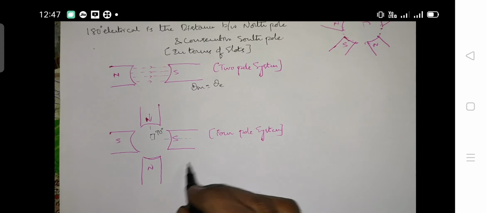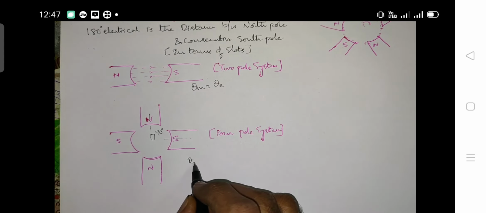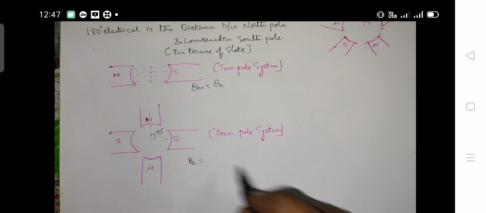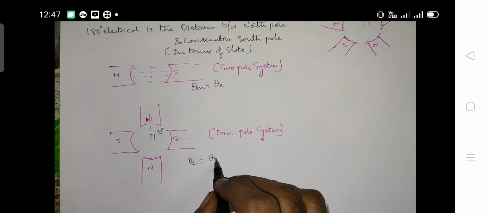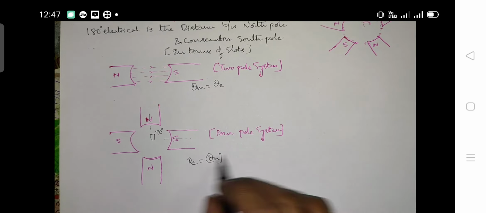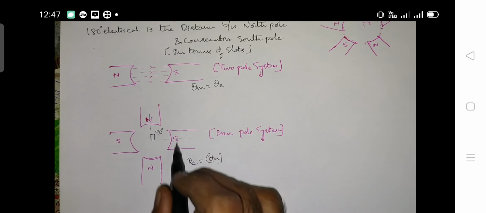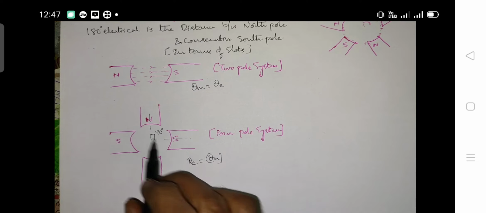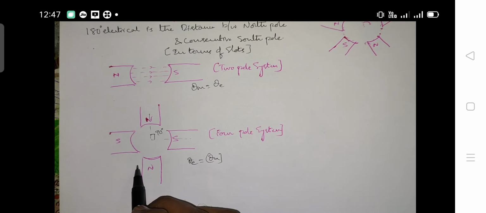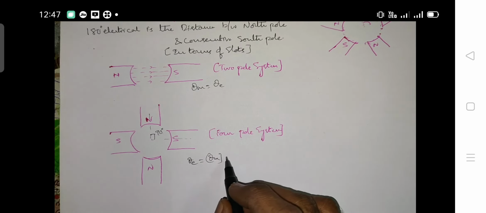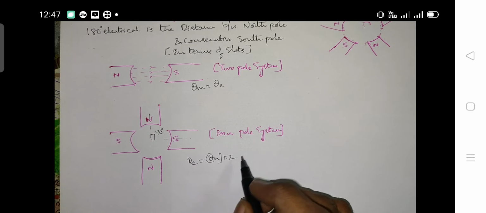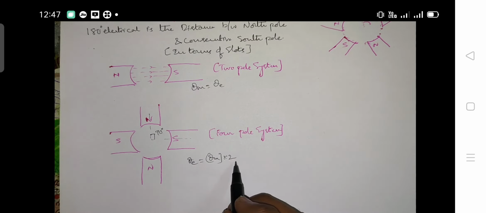So here theta e, 180 degrees electrical, is equal to theta m multiplied by 2. Here 2 means the number of pairs of poles. We have 4 poles, hence the number of pairs of poles will be equal to 2. So 90 into 2 becomes equal to 180 degrees.